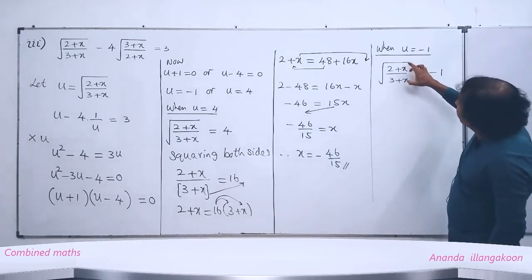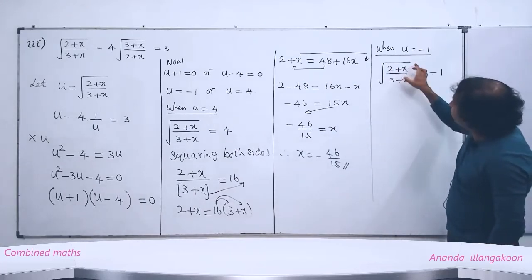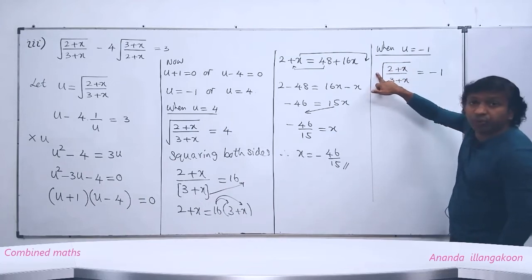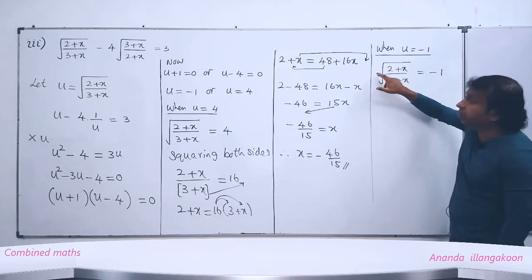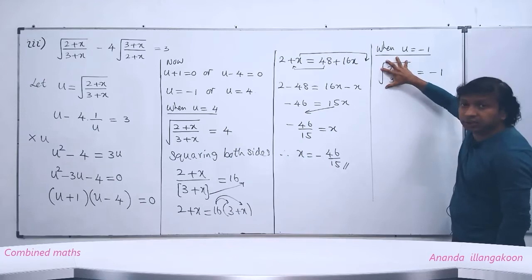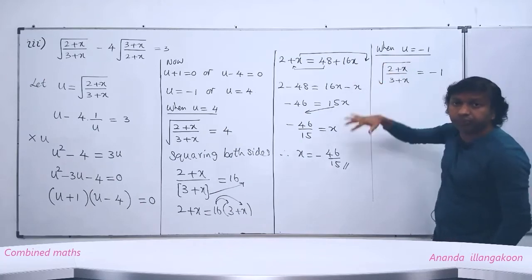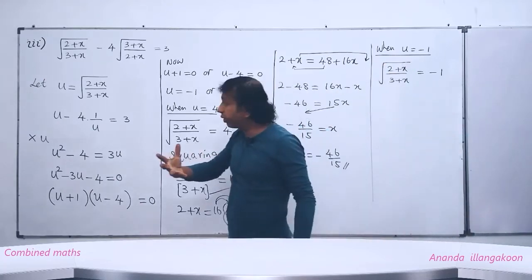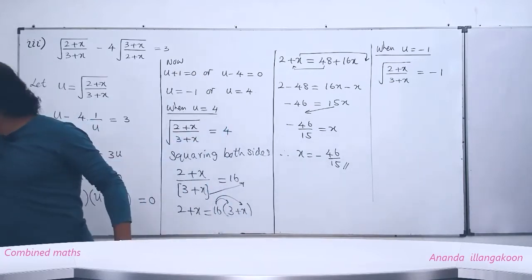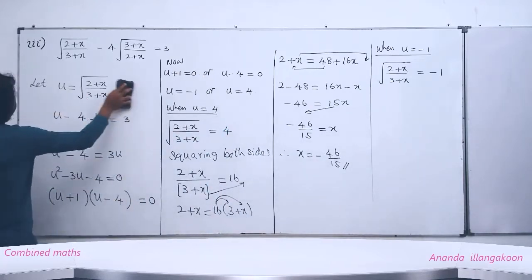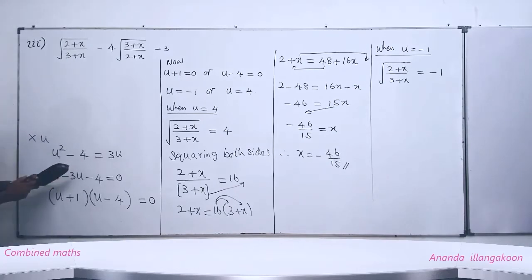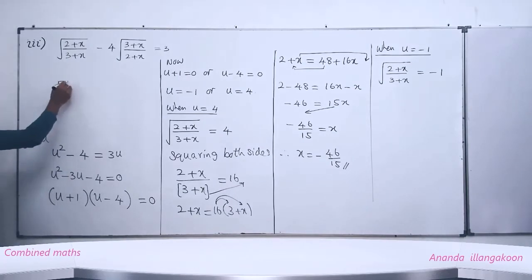Now, this square root, before the square root we have a positive value, no, people. That means the left hand side, this whole term, is positive. Usually people consider like this. Suppose the square root of 4.